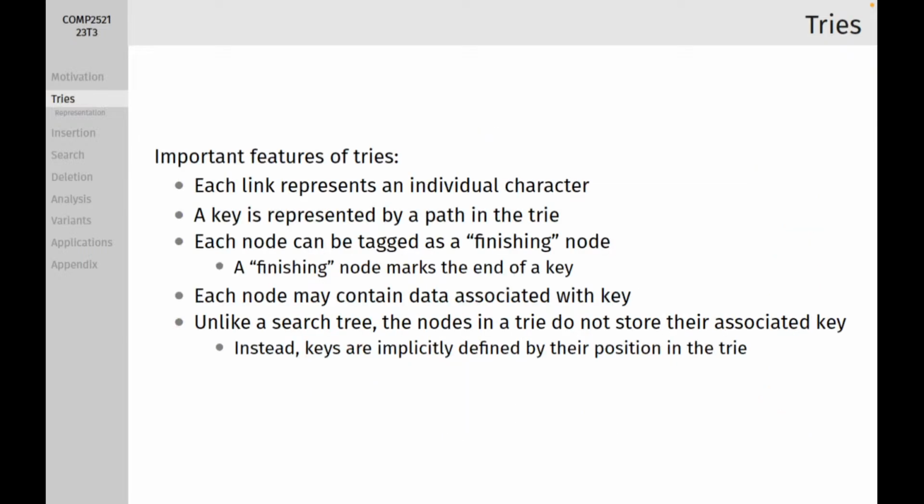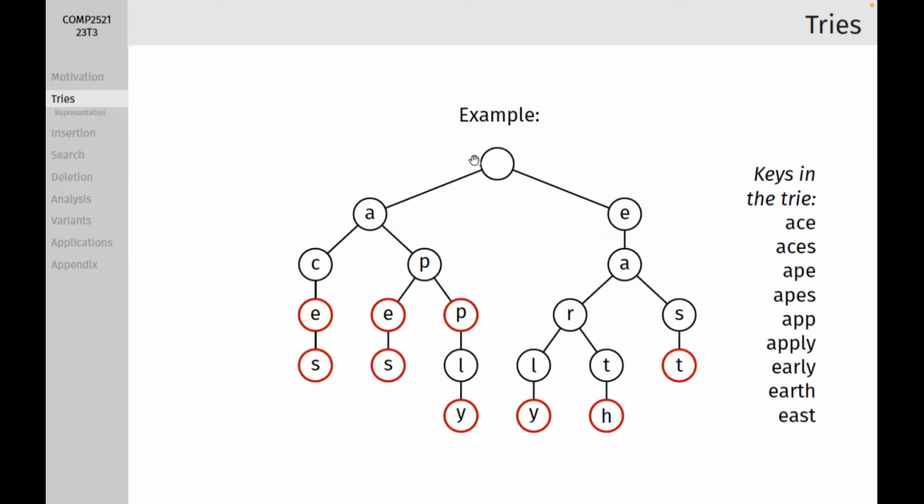That's because keys are implicitly defined by their position in the trie. Because this path involves the links A, C, and E, the key corresponding to this node is ace, and we don't need to store the word in the node itself because it's already implicitly defined.